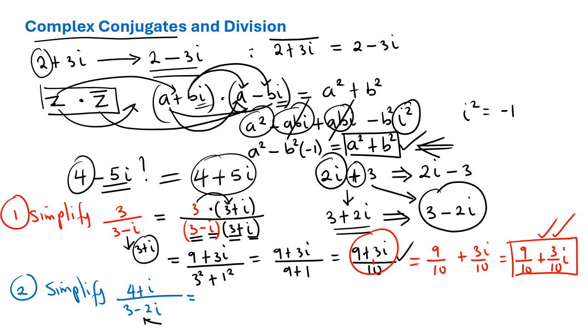The conjugate will be 3 plus 2i. I am now going to multiply the numerator and the denominator by this conjugate. So I have 4 plus i over 3 minus 2i, and I'm going to multiply by the complex conjugate 3 plus 2i, and I have to do the same to the numerator, 3 plus 2i.